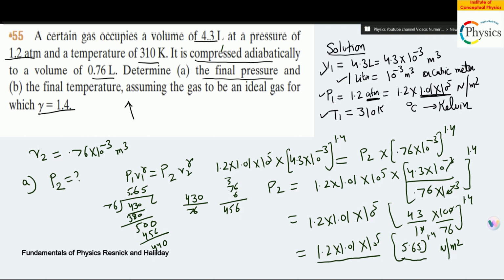Remember, in adiabatic questions, this is another problem you will face. How do you solve this 5.65 raised to power 1.4? How do you solve this quickly? So learn these tricks also. I will make a video where I'll help you understand how to solve these things in a quick manner.